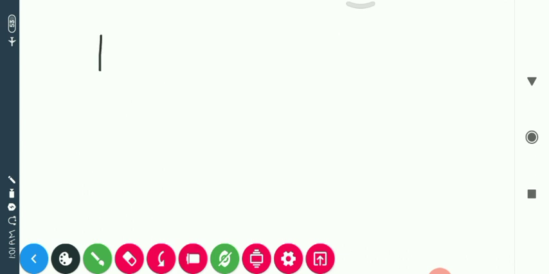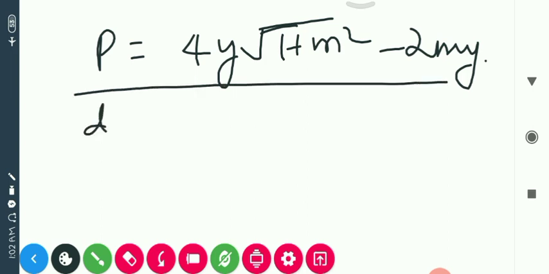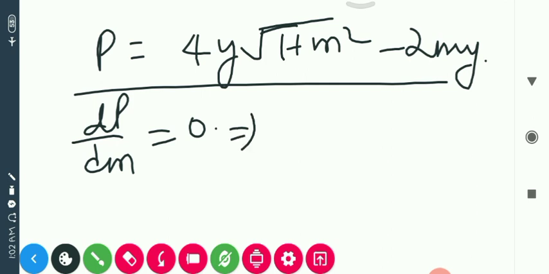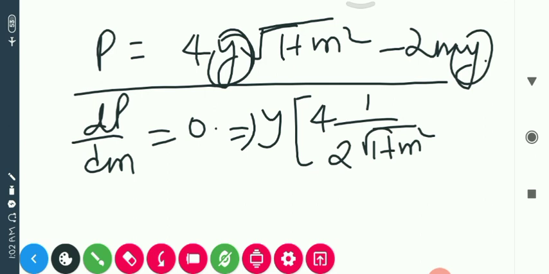So the perimeter obtained is 4y into under root 1 plus m square minus 2my. Now dP by dm equal to 0. Take y common from here. We get y into (4 into 1 by 2 under root 1 plus m square into 2m minus 2) equal to 0.